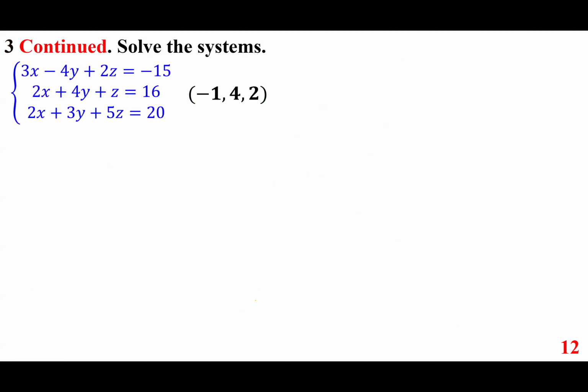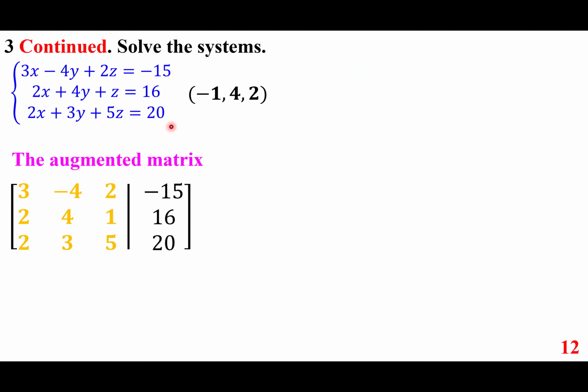Now, if we were to do this by the augmented matrix, so we write 3, -4, 2, -15; 2, 4, 1, 16; 2, 3, 5, 20. That's the augmented matrix. And you can do this by hand, but you can put it into a calculator.